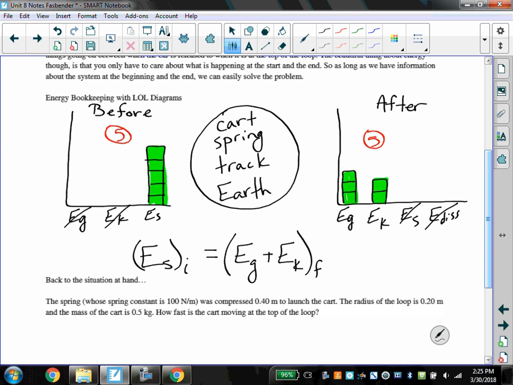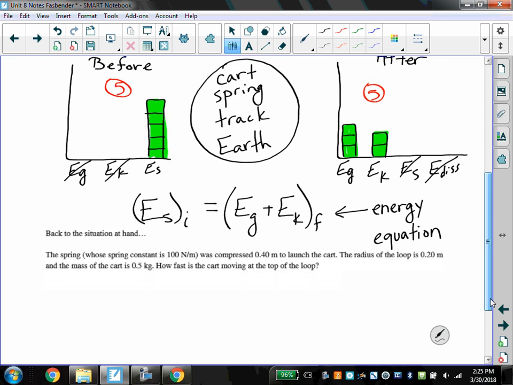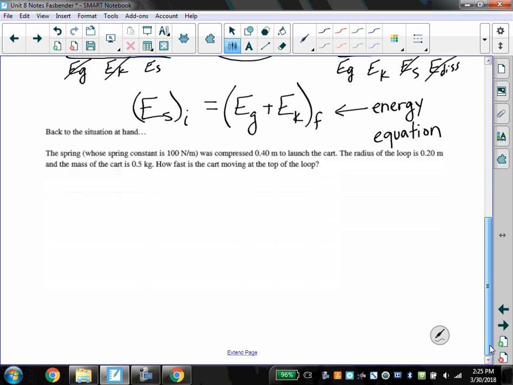And this LOL is just a visual representation of that. Okay? If I ever ask you to write an energy equation, this is what I'm asking you to write. I'm asking you to tell me what kind of energy do you have at the beginning and set it equal to whatever kind of energy you have at the end. And it's this energy equation that helps us solve problems.